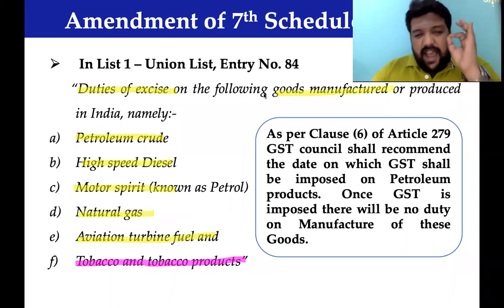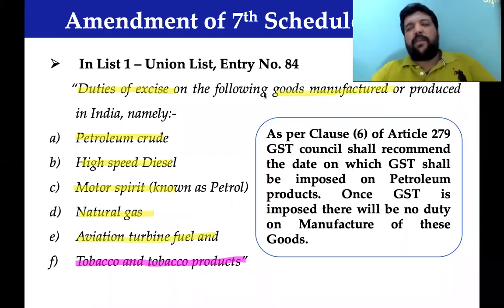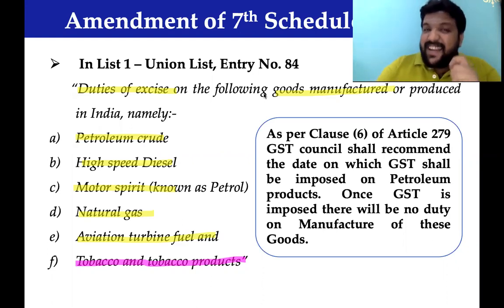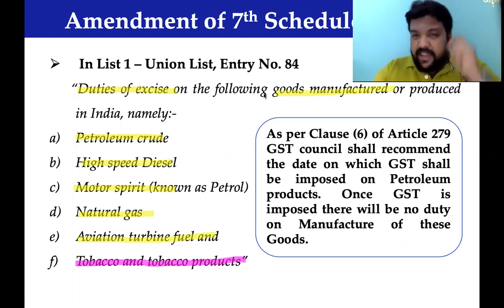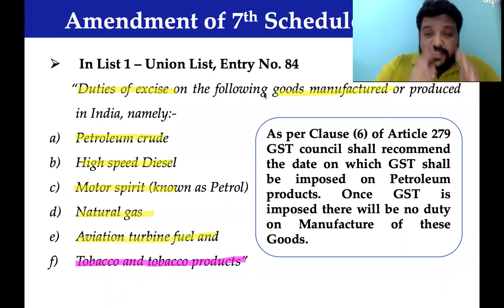On these identified five petroleum products, I'll put it another way. Today if someone asks you, in India, do we have central excise duties? Your answer will be, yes, in India we have central excise duty. If you manufacture goods, you are liable to pay excise duty only to the central government.